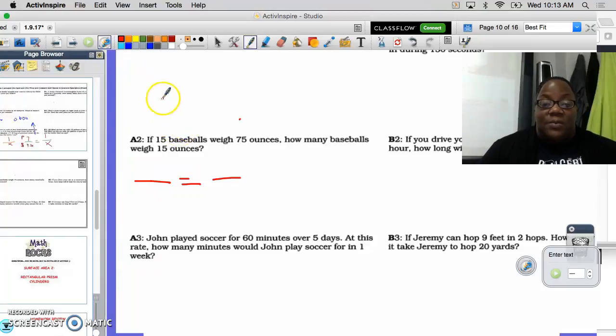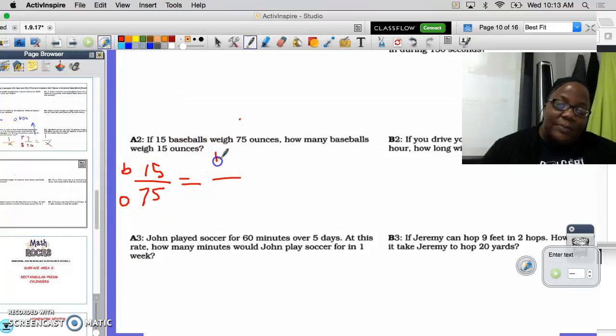First, what are the two things that we're comparing? You have basketballs to ounces. So if 15 baseballs weigh 75 ounces, how many baseballs would weigh 15 ounces? Well, the first thing you want to do is get the unit rate before you can apply the 15 ounces. So now that you know that 15 baseballs weigh 75 ounces, how many ounces would one baseball weigh?